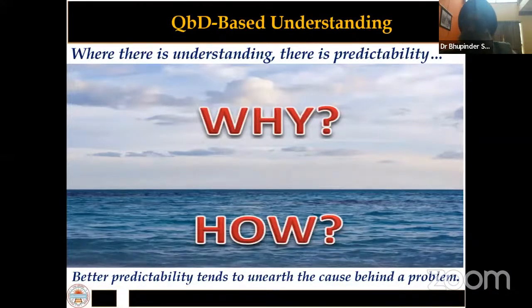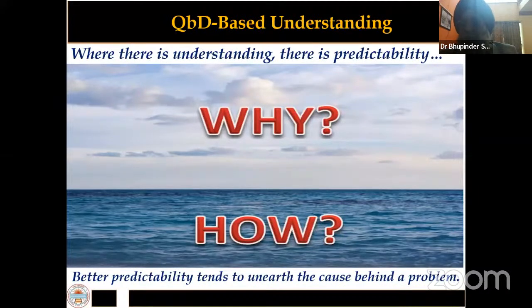And the mother was able to predict the answer which her son is going to respond, because she understood her son. Perfect. So, my dear friends, where there is understanding, there is prediction, there is predictability.